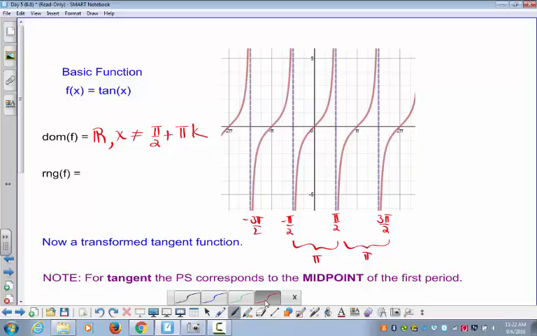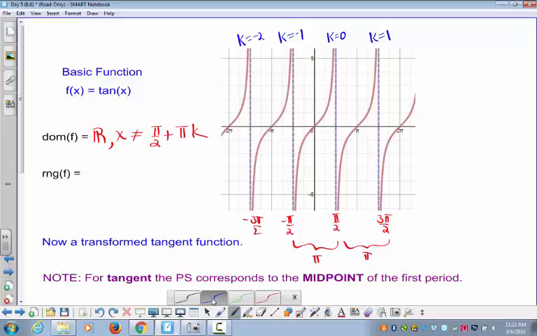It's going to count off the asymptotes. When k is 0, we're at this asymptote, just to the right of the y-axis. When k is 1, we're at this asymptote. When k is negative 1, we're here. And k has to be an integer. It can't be a fraction. It's got to be an integer.